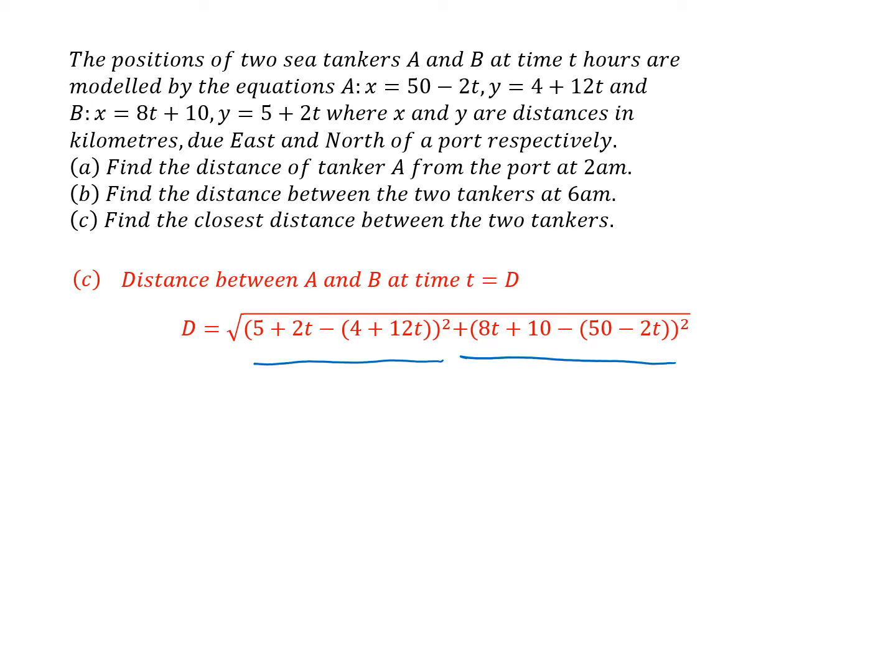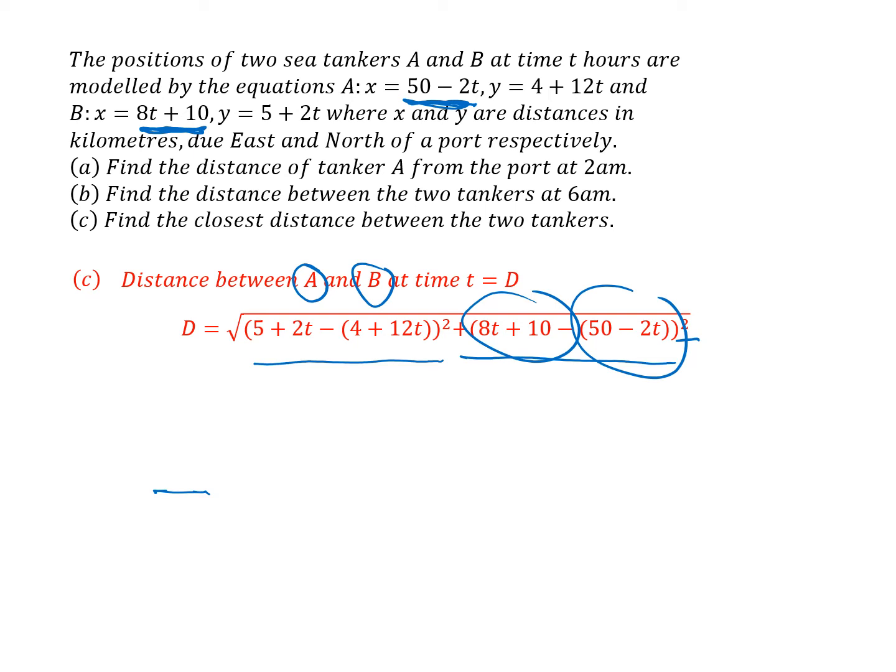Well, I'm looking at the difference between A and B, and the difference in the x coordinates is 8t plus 10 minus 50 minus 2t. That's the x difference, and I'm squaring it.